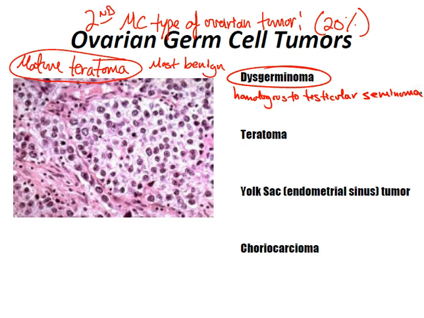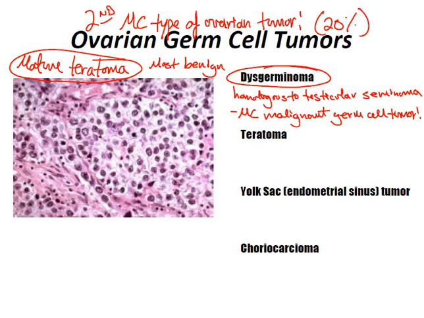So you might want to remember that for sure. It's associated with streak gonads of Turner syndrome. That explains why patients with Turner syndrome must have their ovaries removed, right? Because we don't want them to get a dysgerminoma.